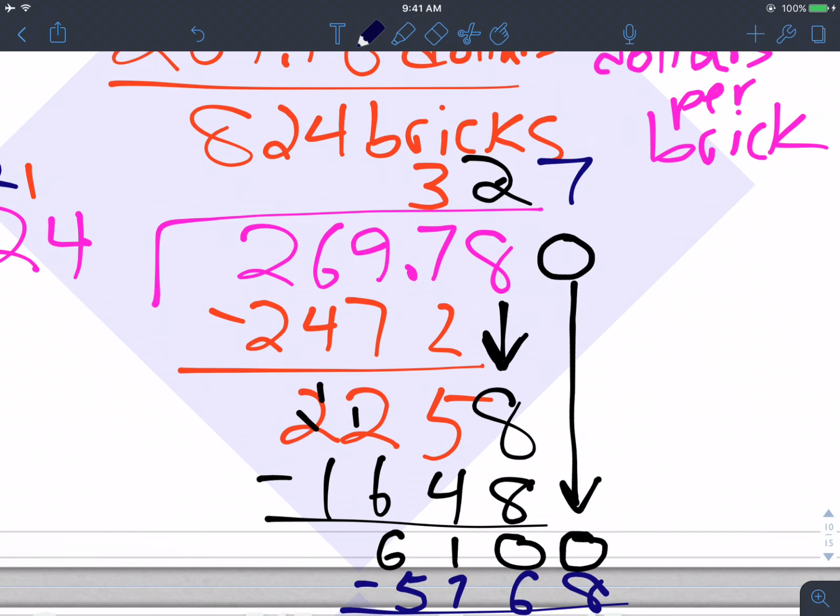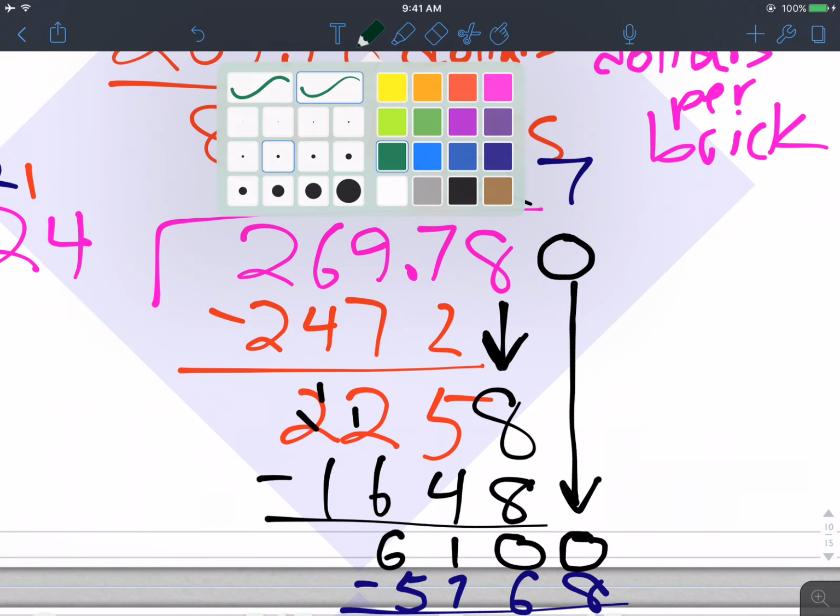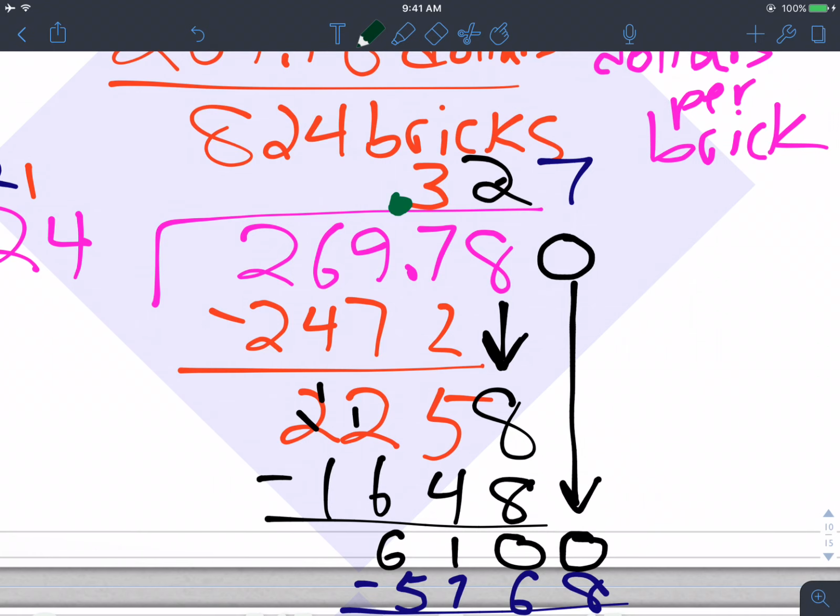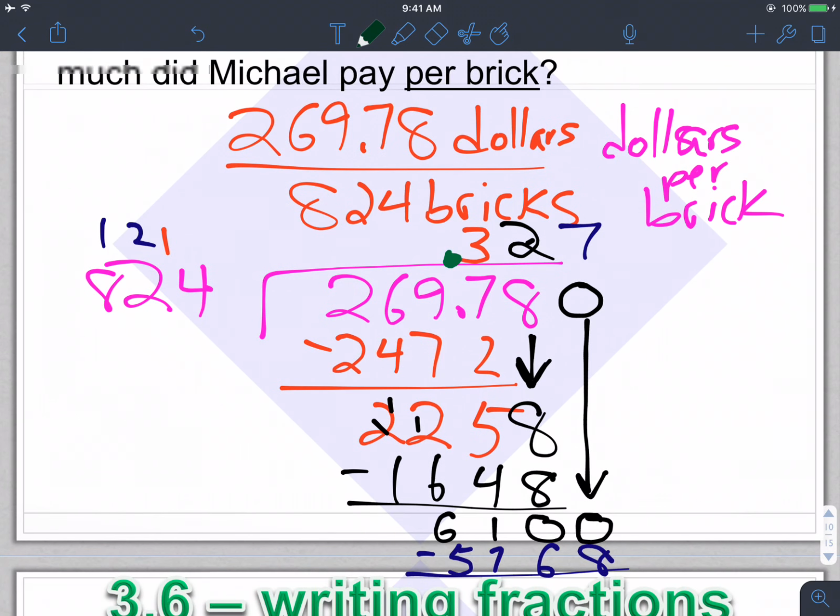Why did I do it all out by hand? Because now with the decimal point in division, it just lines up and you just put it in the same spot. Okay, so dollars per brick. I'm going to say about 33 cents per brick if I round it to the nearest cent.